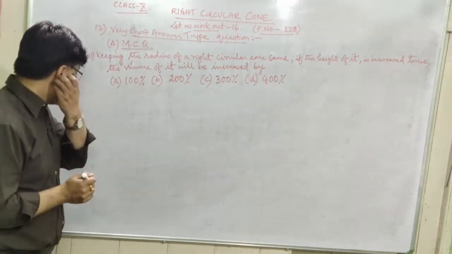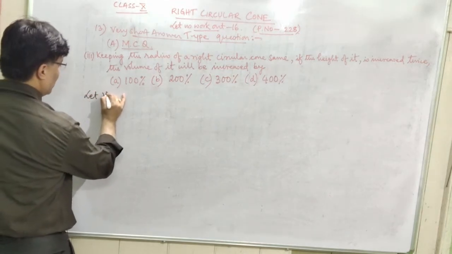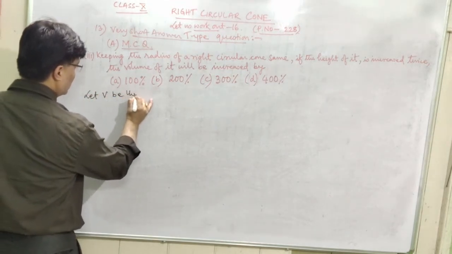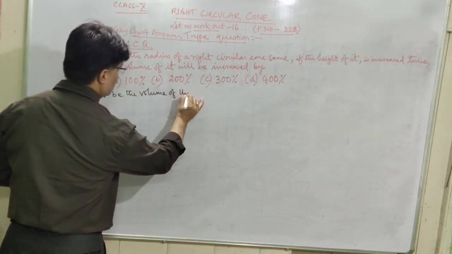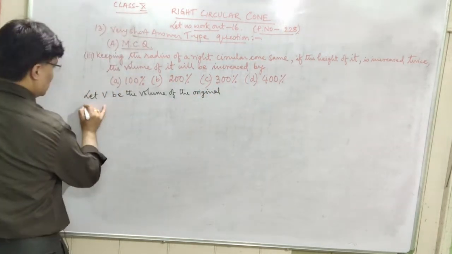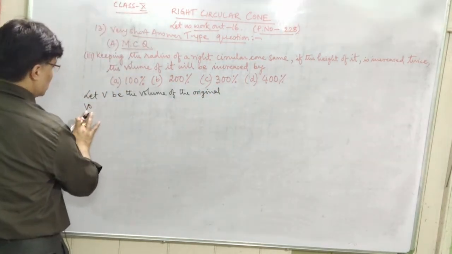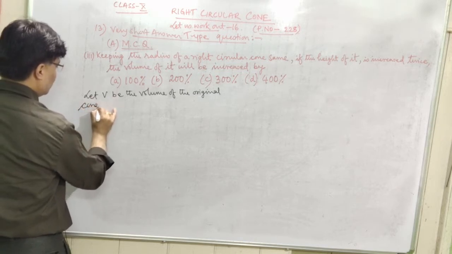Okay. Now in this case, let V be the volume of the original cone.